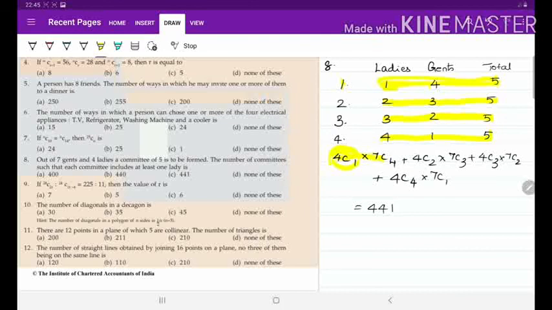And the next combination can be written as 4C3 into 7C2. And next combination as 4C4 into 7C1, which is, after all simplifications, equal to 441, which is option C.